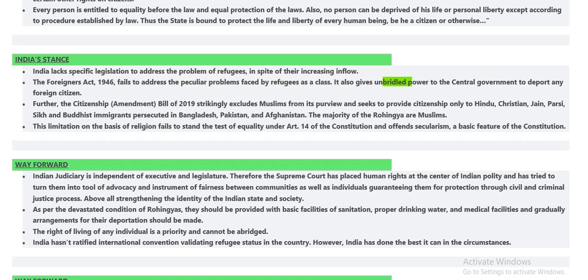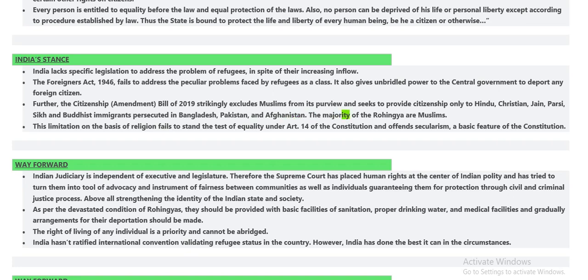India's stance. India lacks specific legislation to address the problem of refugees, in spite of their increasing inflow. The Foreigners Act, 1946, fails to address the peculiar problems faced by refugees as a class. It also gives unbridled power to the central government to deport any foreign citizen.